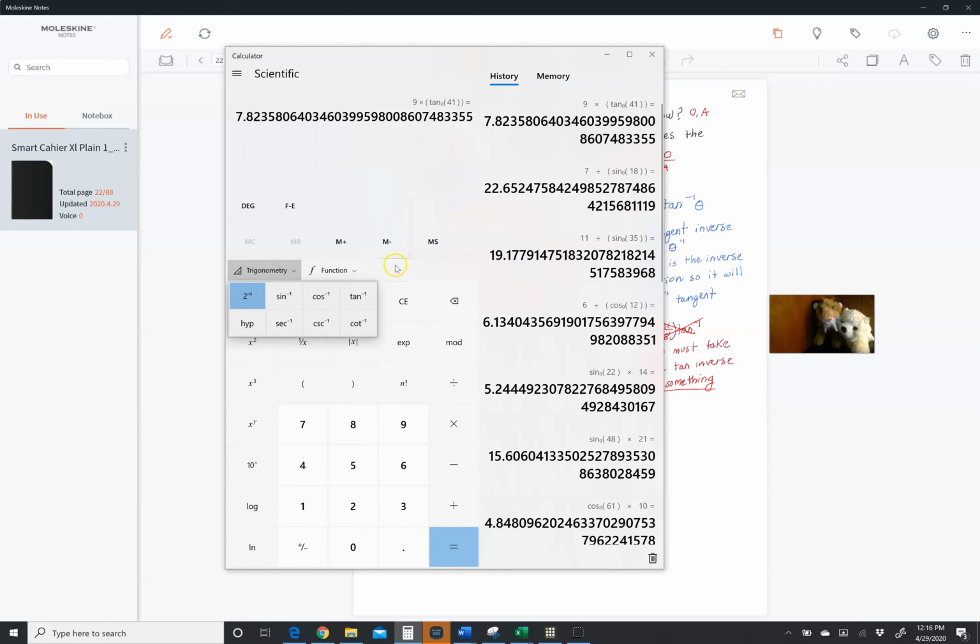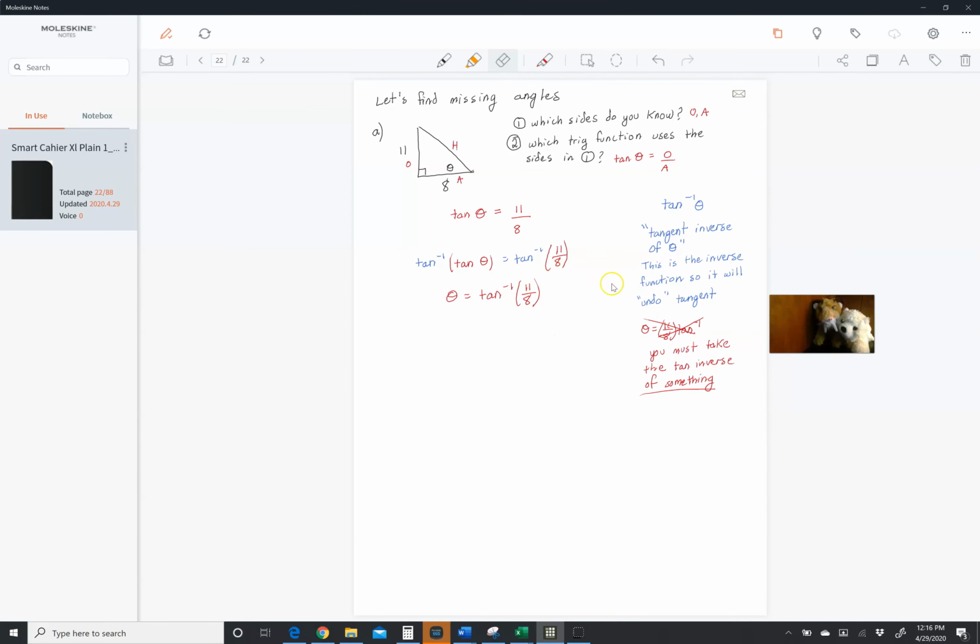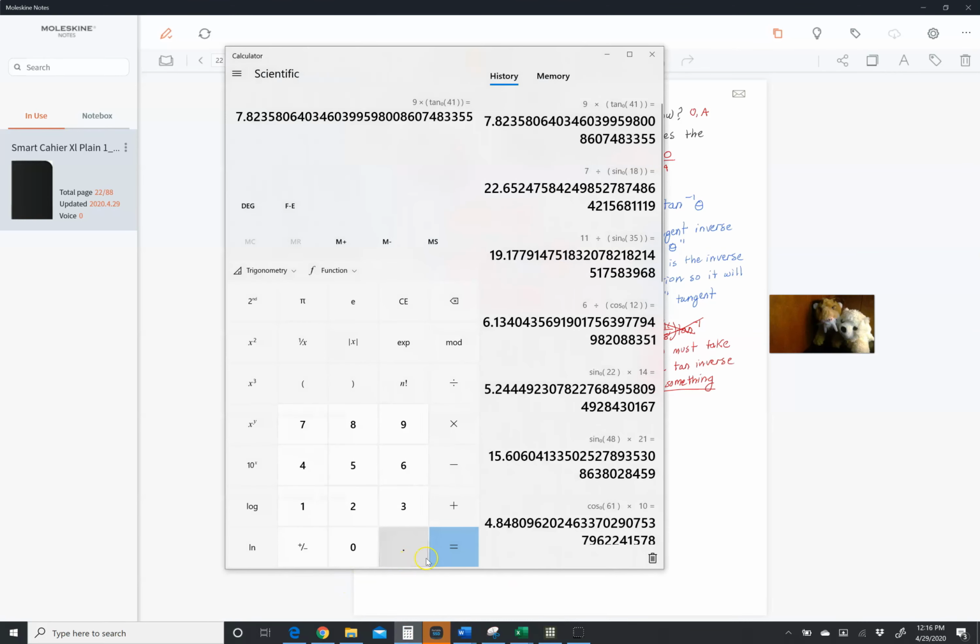Now I already know on this calculator that I have to type in the 11/8 first, because that's how I would have to do it for tangent. So I'm going to do 11 divided by 8. Notice it's in parentheses. And now I'm going to go to the trigonometry and do second tangent.